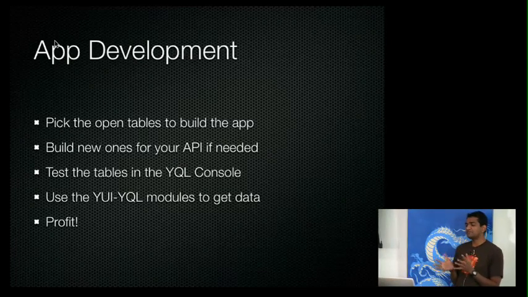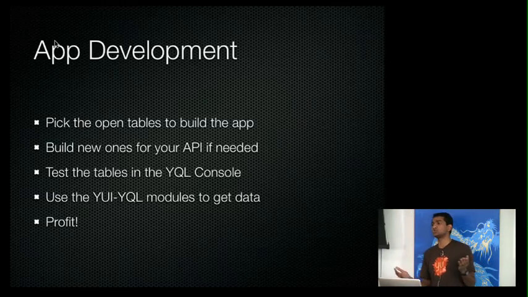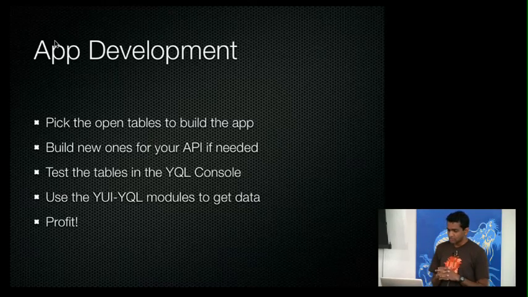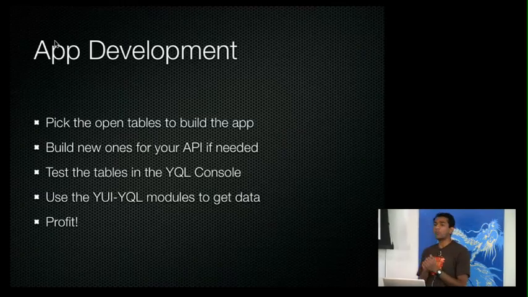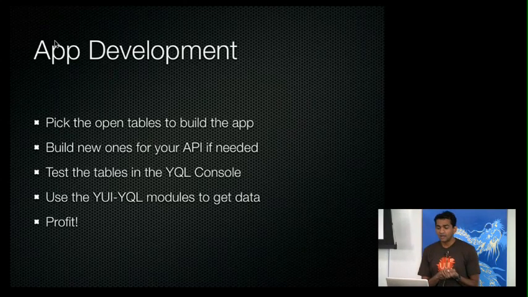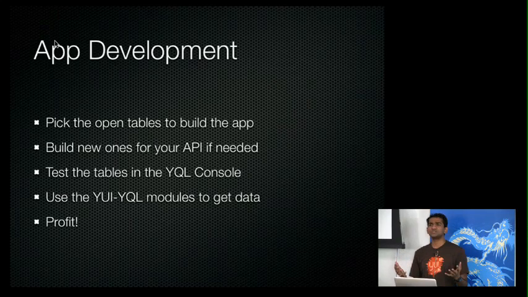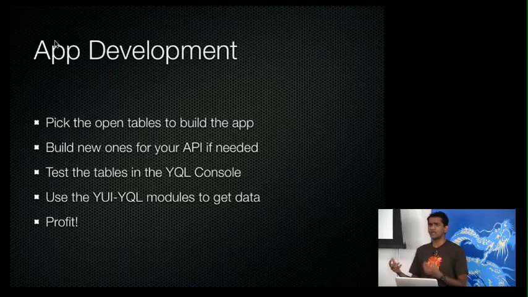So what are the brief steps for application development if you choose to use YQL as your application development tool, right? So the first thing is you pick the open data tables that are needed for your application. Let's say your application uses Flickr photos. It uses some tweets from Twitter. So you look out for an open data table for Twitter.